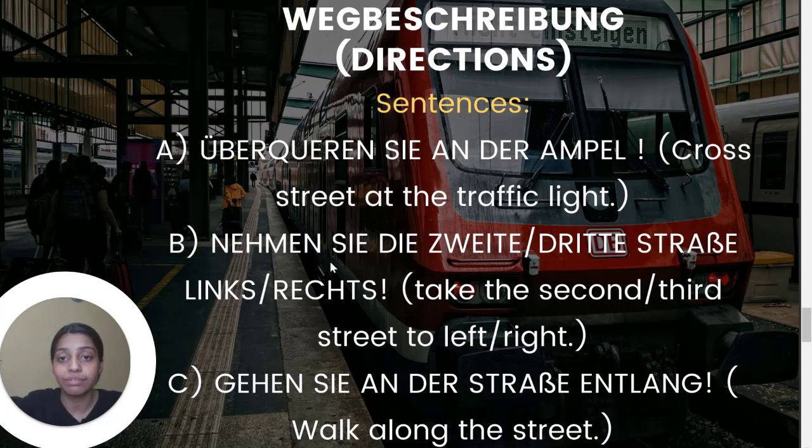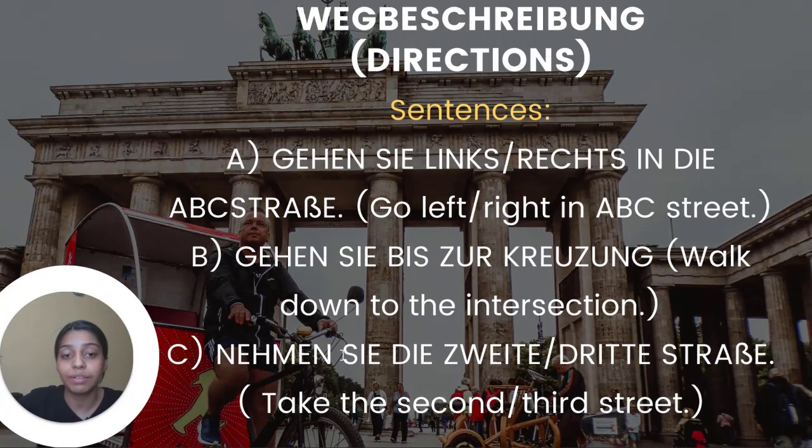Second statement that we have here is nehmen Sie die zweite or dritte Straße links or rechts. In the previous page we saw that we were saying nehmen Sie die zweite or dritte Straße. We were just telling take the second or the third road. But now I want to say take the second road to the left or take the third road to the right, or second road to the right or third road to the left.